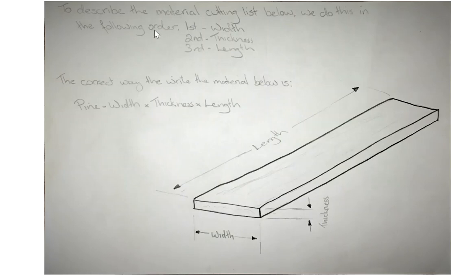It says it up here. The following order, we do the width first. Second is we do the thickness. This is the thickness, and third is the length. So it's pine material. We're going to be writing down what the width is, what the thickness is, and what the length is.